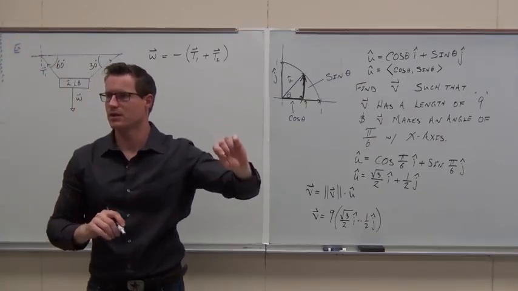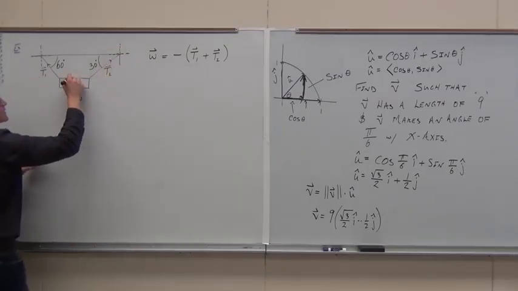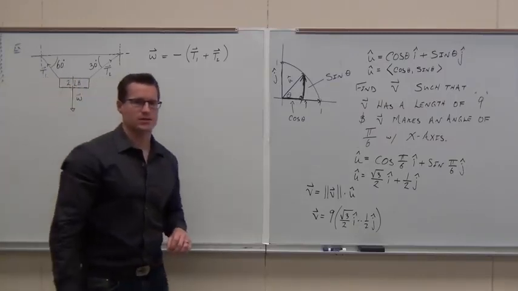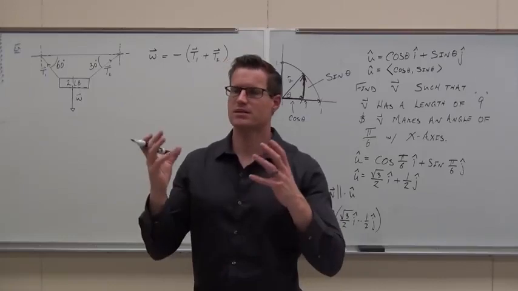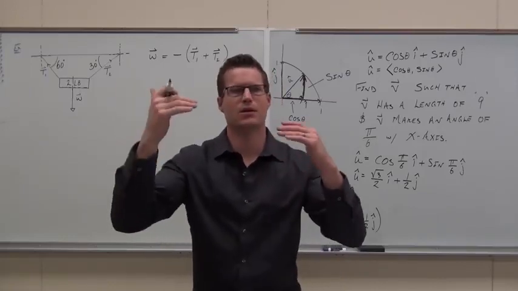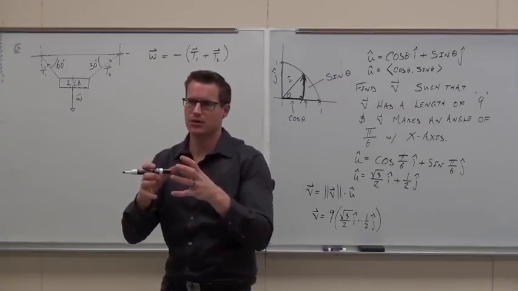I do the same thing here, and even down here, this one's going to be pretty easy. That's going to help us with our angles, because otherwise we might choose the wrong angle. I want to show you how to do that, okay?